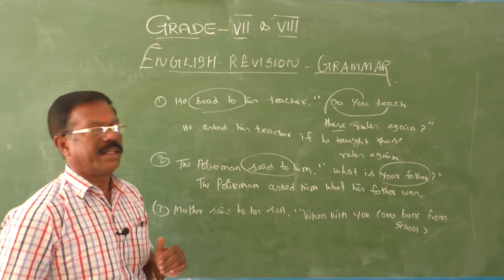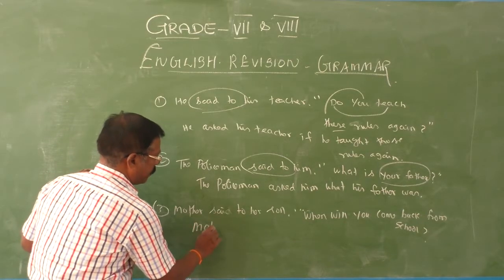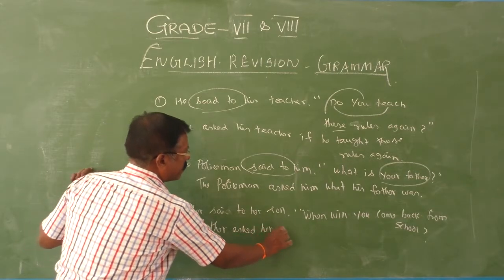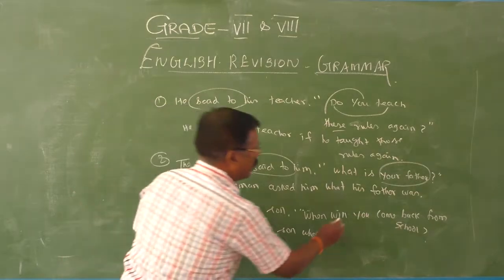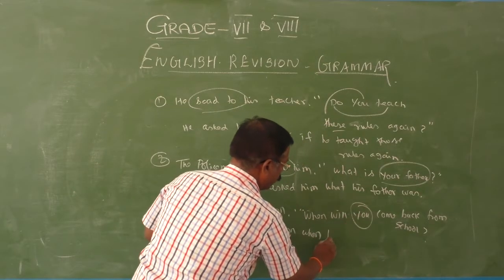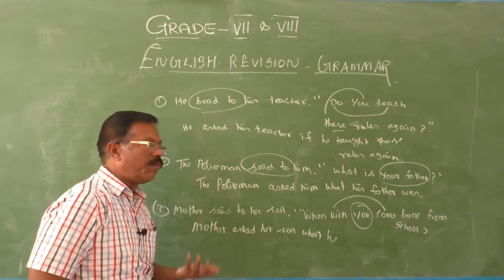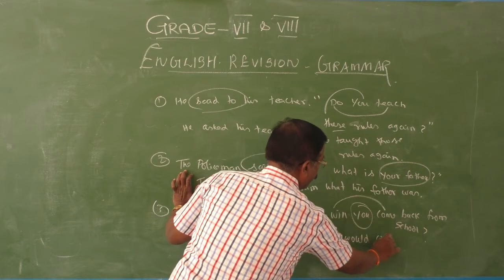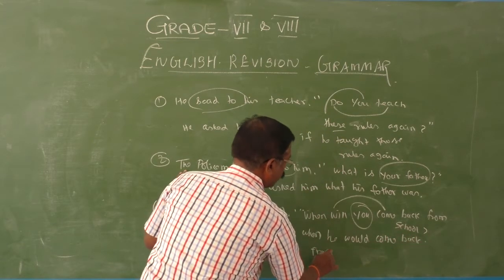Okay, fine. See the third one. Mother said to her son, when will you come back from school? Mother asked her son when. Connecting word, when. Then you should be changed into he. Will comes to join together. That should be changed into would come. When he would come back from school.